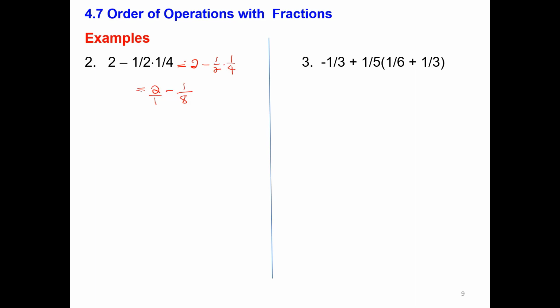Now, because we have different denominators, 1 and 8, we need to find the LCD, and the LCD of 1 and 8 is 8. Then we need 8 as the denominator for both fractions. In the first case we need to multiply by 8, and we don't need to do anything to the second fraction because we already have 8 as the denominator.